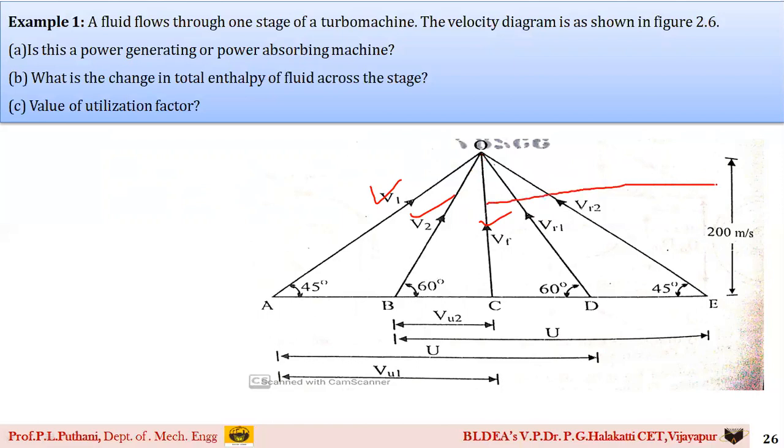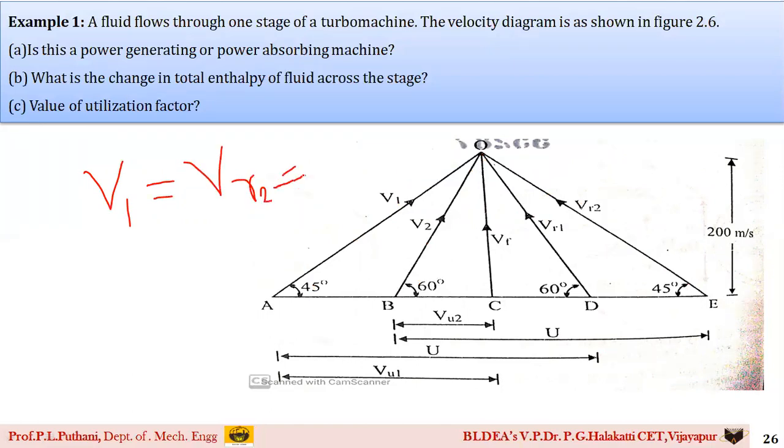The value of flow velocity is given in the picture: Vf is 200 meters per second. The angles are also given. For the velocity V1, the angle alpha is 45 degrees, and the relative velocity VR2 angle is also 45 degrees.